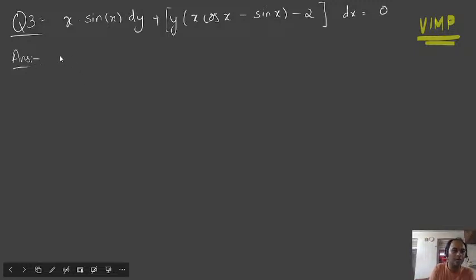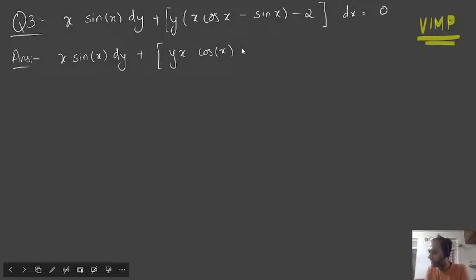So x sine x dy plus y, I'll write here as yx cos x. There is some error in the question.